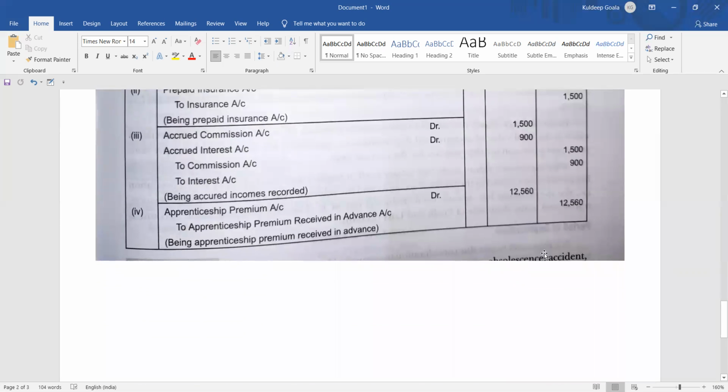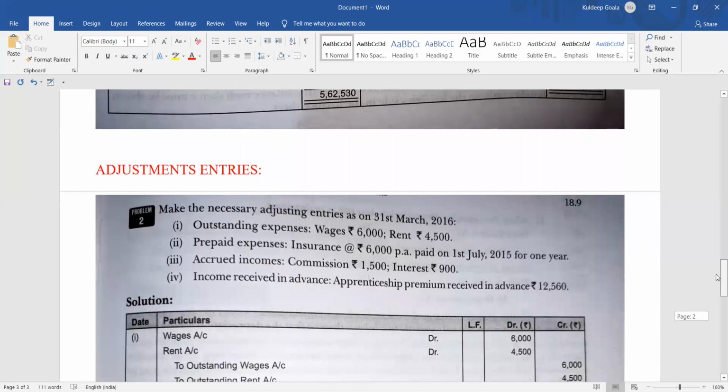I'm just showing you the working note here. Insurance paid for 1 year. How much is paid? Just check once. It is 6,000 rupees, right? 6,000 rupees has been paid on 1st July 2015.